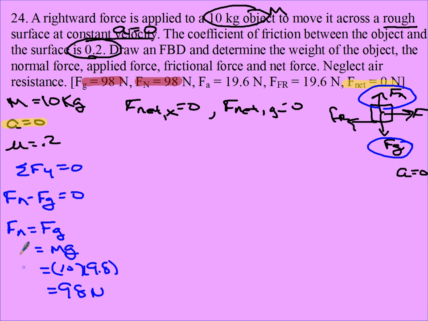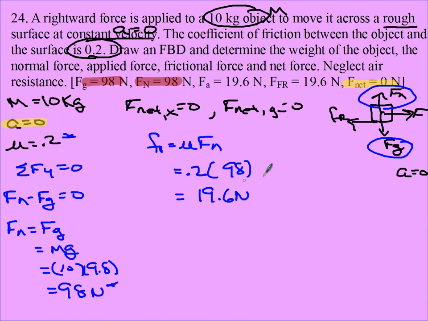Once you have the normal force, let's go on and find friction. Friction is mu Fn. So it's mu, which is 0.2, times the normal force, which is 98. So I get friction is equal to 19.6 newtons. So now I figured friction out.